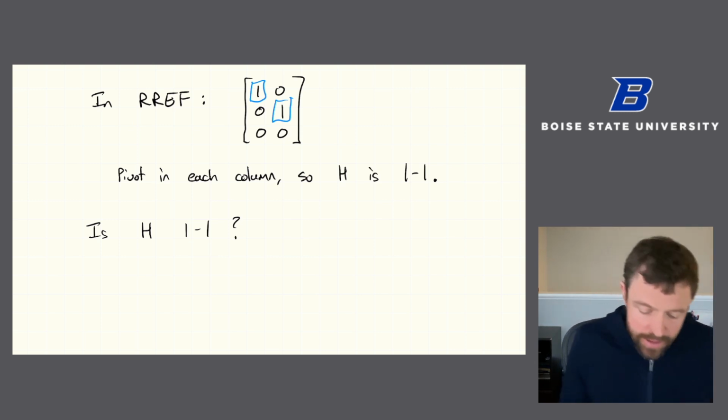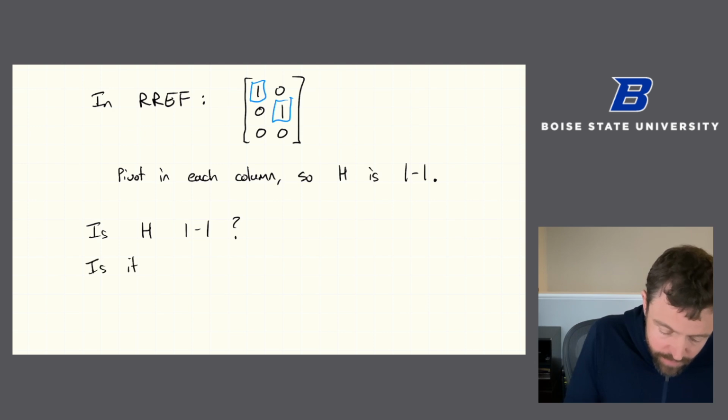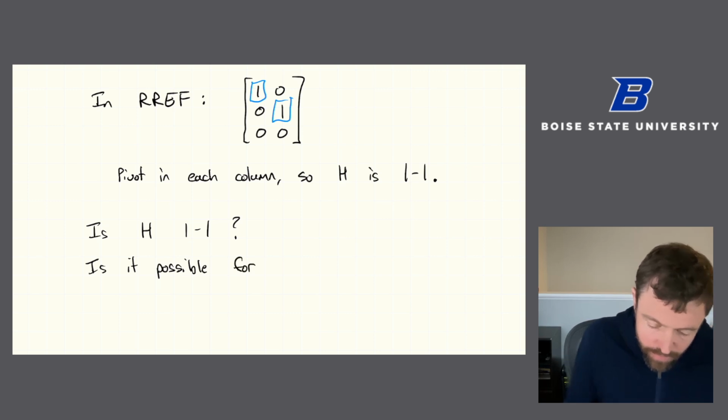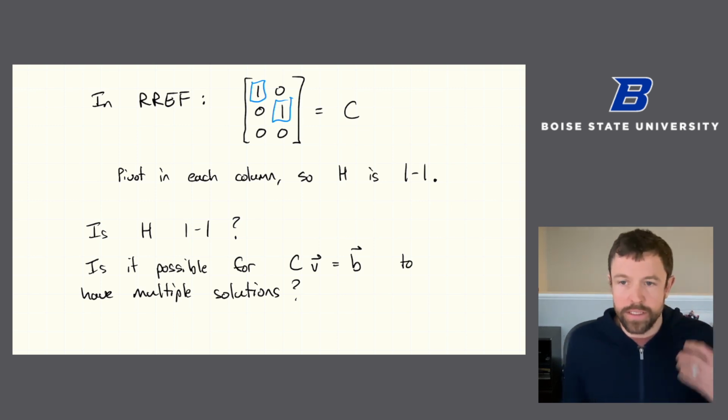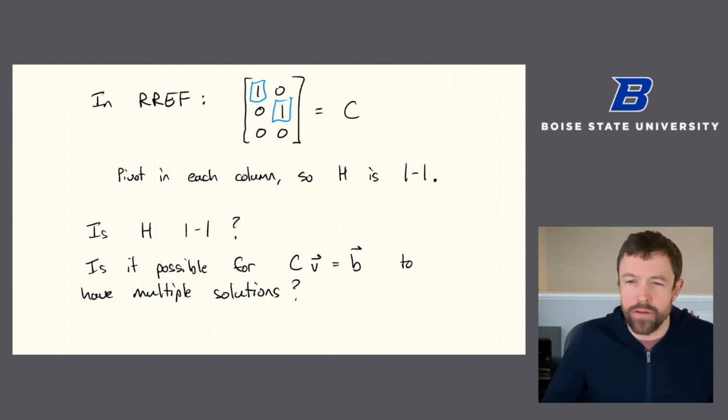Another way of saying this is, if I call this matrix C, I'm really asking, is it possible for C times V equals B to have multiple solutions?